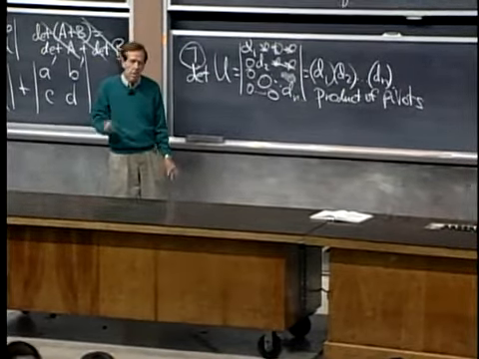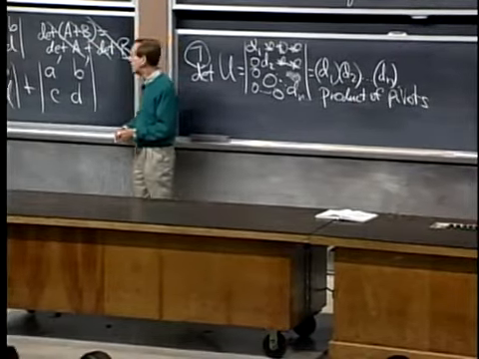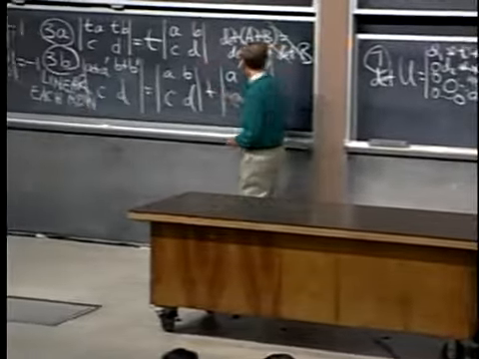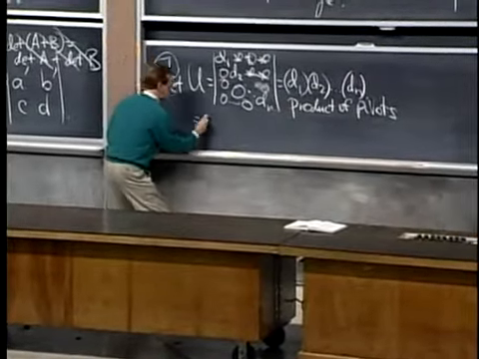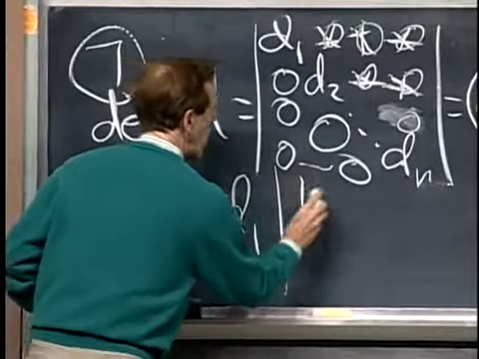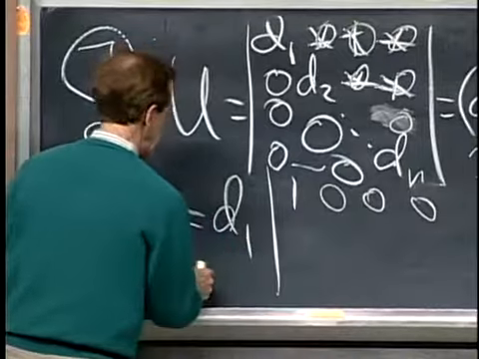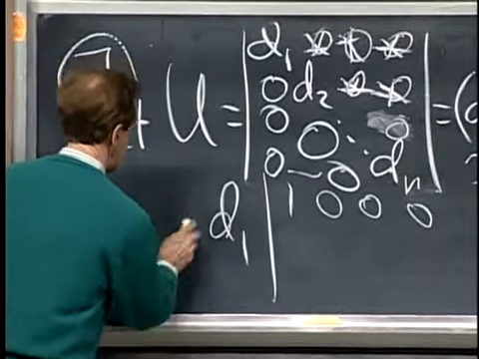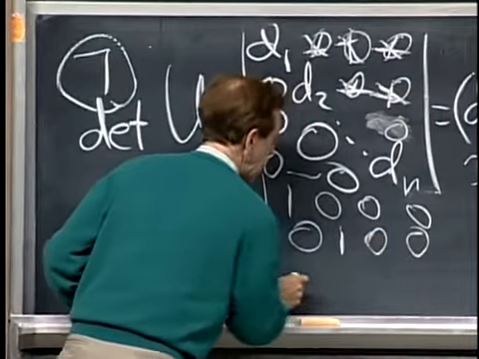Well, what am I going to use? I'm going to use property 3a, is that right? I'll factor that d1 out and have 1 in the first row. And then I'll factor out the d2. Can I put the d2 here? And the second row will look like that, and so on.